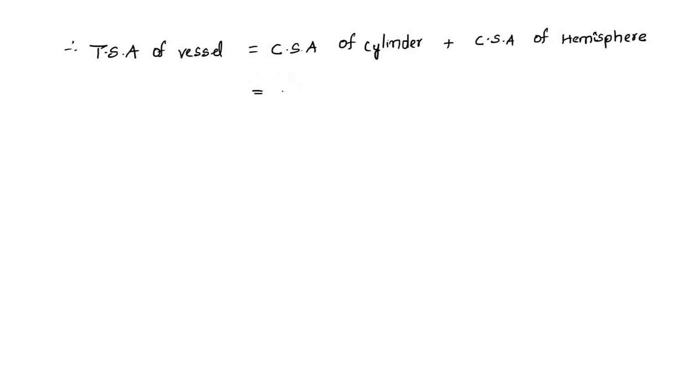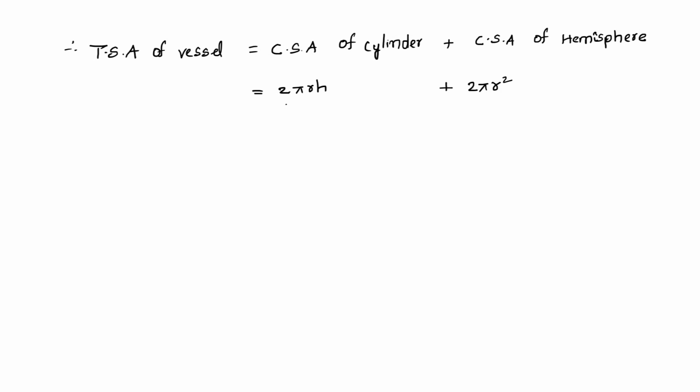Curved surface area of cylinder ఏమవుతుంది మనకి 2 pi RH ప్లస్ కర్వ్డ్ సర్ఫేస్ ఆఫ్ హెమిస్పియర్ ఏమవుతుంది మనకి 2 pi r స్క్వేర్. గుర్తుపెట్టుకోండి, కర్వ్డ్ సర్ఫేస్ ఆఫ్ హెమిస్పియర్ అంటే 2 pi r స్క్వేర్, టోటల్ సర్ఫేస్ ఆఫ్ హెమిస్పియర్ అంటే 3 pi r స్క్వేర్, స్పియర్కి అయితే 4 pi r స్క్వేర్, whereas కర్వ్డ్ సర్ఫేస్ ఆఫ్ సిలిండర్ అంటే 2 pi rh.